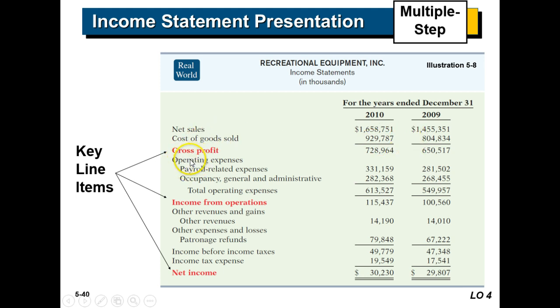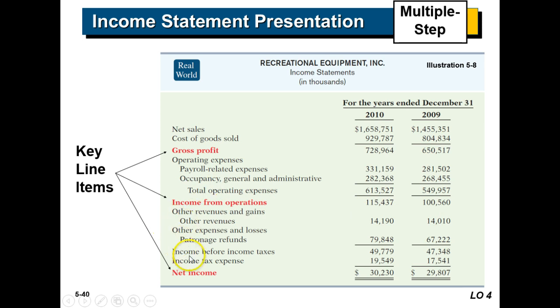Then you've got these things called operating expenses. Operating expenses are, I don't want to confuse you, but they're basically period expenses. Expenses that occur in that normal operating period or cycle. Then you've got something called other, which comes up with income from operations, from what you're really in business to do.